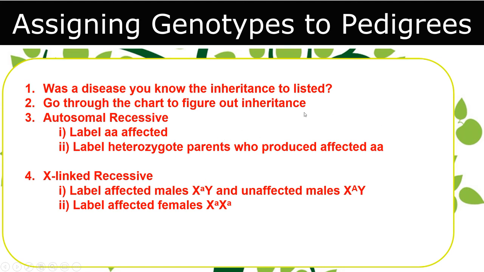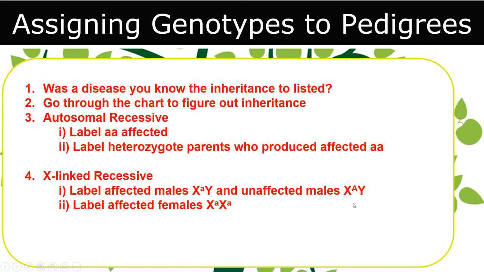So if it's an autosomal recessive, say they say it's sickle cell or cystic fibrosis, you go through and you label all the people who have the disease with the two little alleles, and you label all the heterozygotes that can produce that affected individual. If you decide that it's an X-linked recessive because they told you it was red-green color blindness or hemophilia, or you went through and found little rules and decided that it was X-linked recessive, label your males first because they are the easy ones.